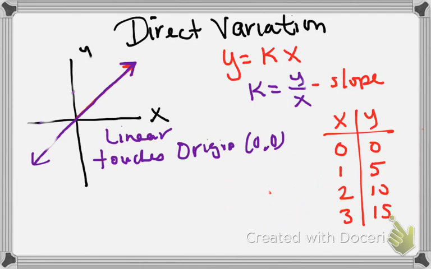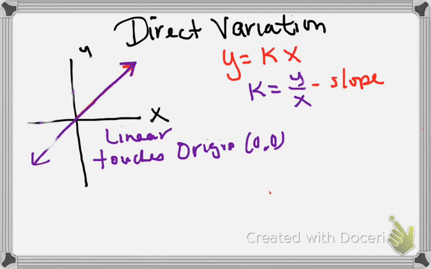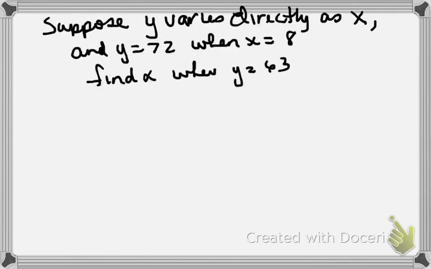So I'm going to do a little word problem for you. I may do two, but I just want to do one and kind of go from there. Now, I didn't mention this, but this is important. Whenever you see the words varies directly, no matter what they say, whatever's in front will be the y.